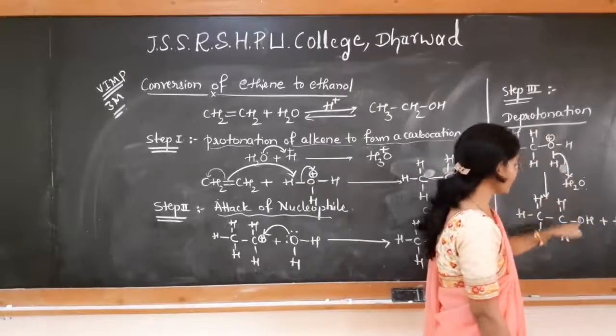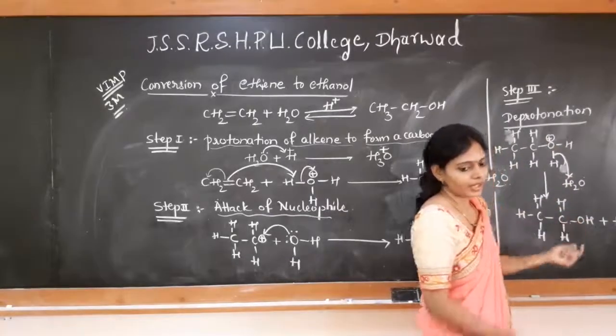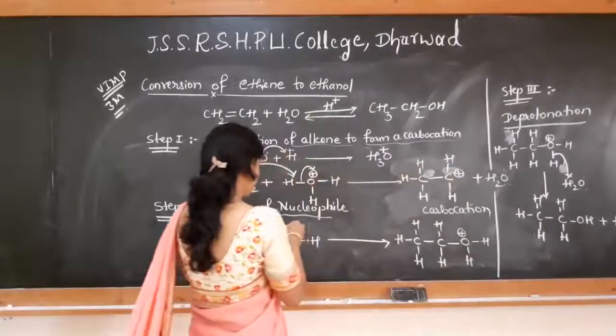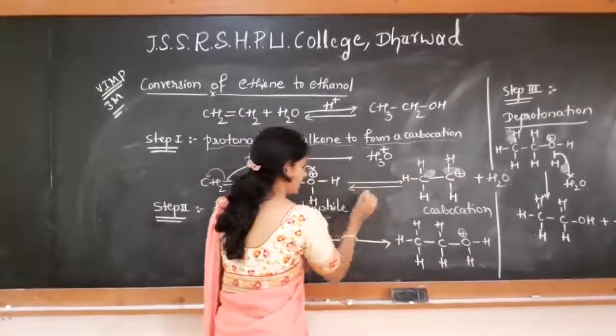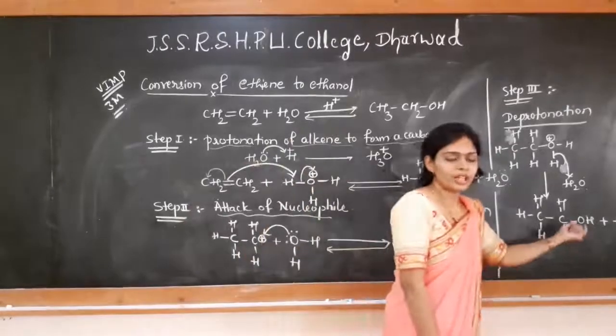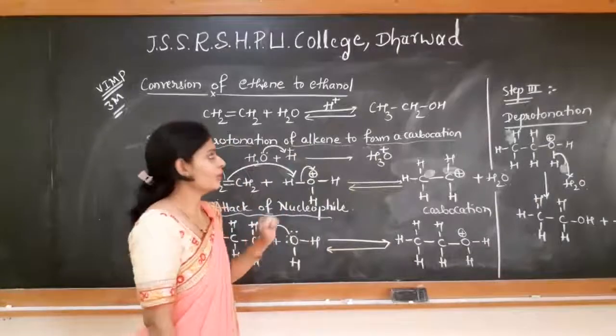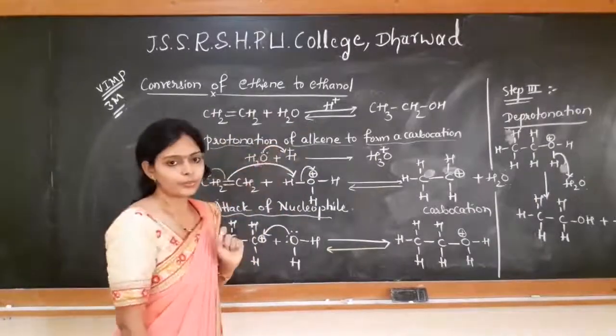So by the loss of that proton, we are getting our compound, that is alcohol. Okay, and here it is a reversible reaction, the carbocation step is also a reversible reaction. So when we remove water from alcohol, we get the alkene. Okay, so this is the mechanism for the conversion of ethene to ethanol.